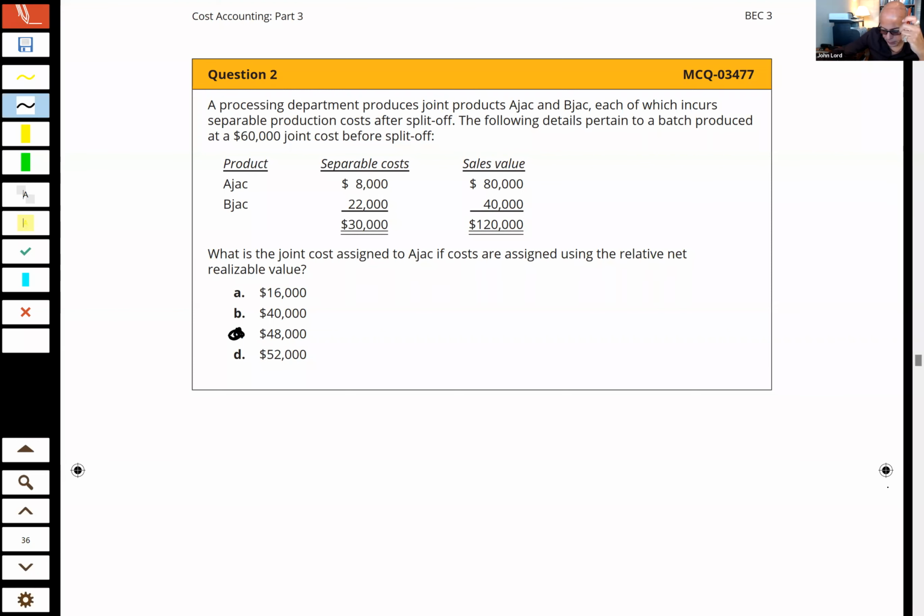The way to do this, the first thing you want to do is ask, what am I working with? Notice in some of the examples in the book, they gave us the joint cost at the beginning. Here, they put it at the end of the question. So I'm going to look for those joint costs and write them down because I know I have to apply them. They just ask us for one here, this AJAC. I like this example because the exam always does this too.